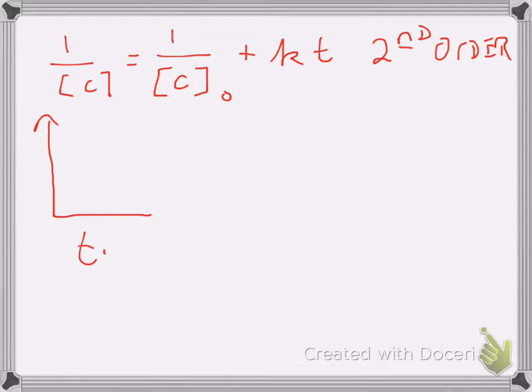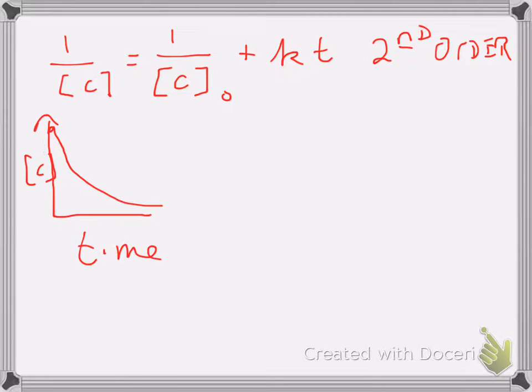Let's take a look at the concentration of C with time. And we see this is also curvy. As a matter of fact, by eye, it's almost impossible to discern or distinguish a first order from a second order because it is also curvy.